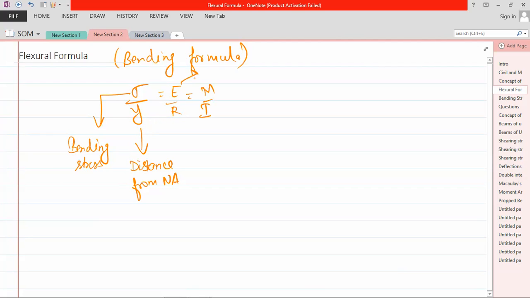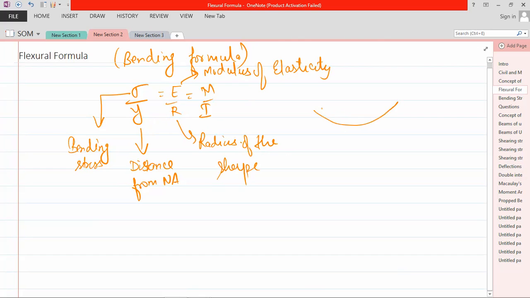E is the modulus of elasticity. R is the radius of the shape of the beam. Suppose a beam is bent in this way, completing a circle, and this is the radius that I am talking about.